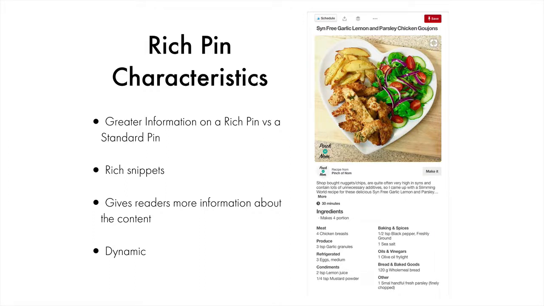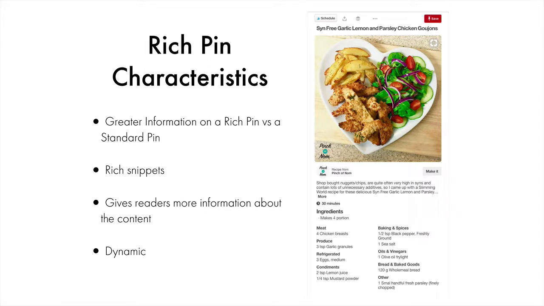So I recommend that if you are on Pinterest for business and not pleasure, that you definitely set up the rich pins as soon as possible. It takes 2 minutes, and they're set up again within about an hour or two, so it's very painless. Another good thing about rich pins is the content is dynamic. So if you change the name of the blog post, or if you change the meta description, it's updated all across Pinterest.